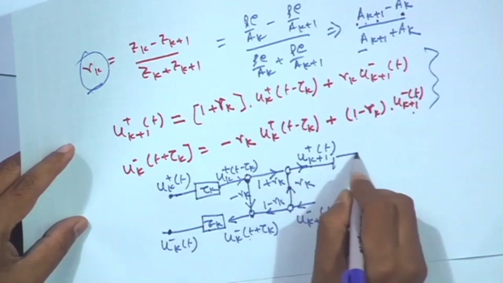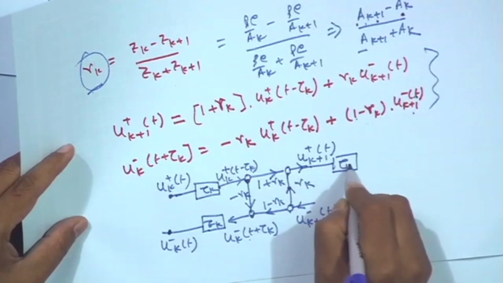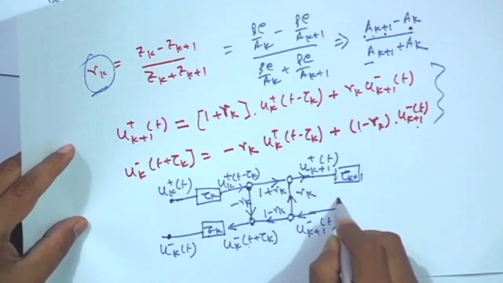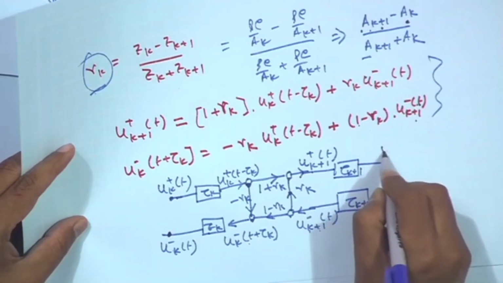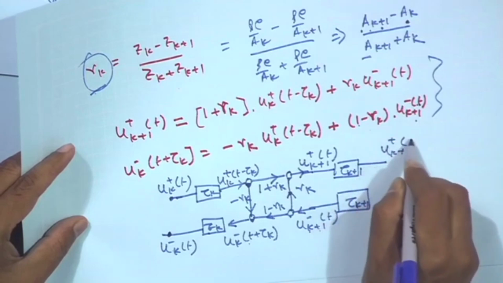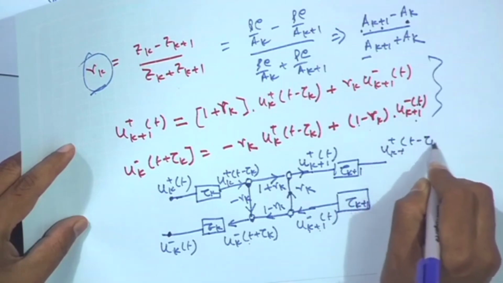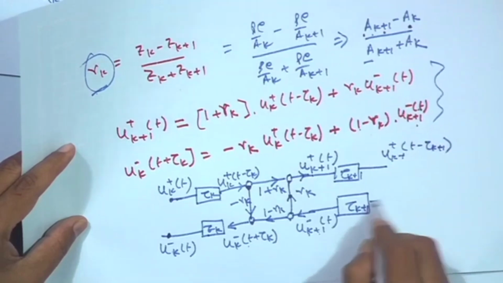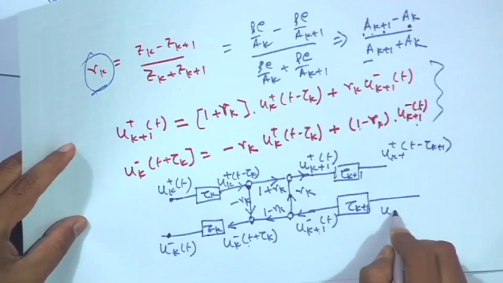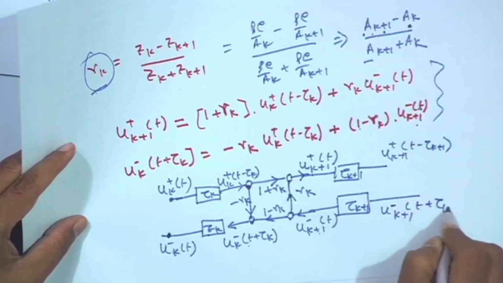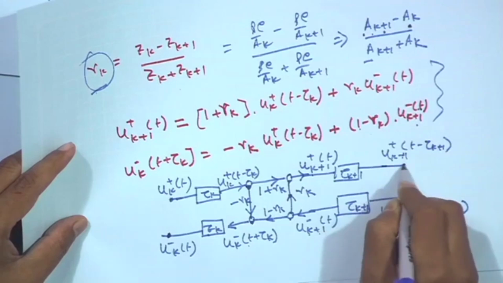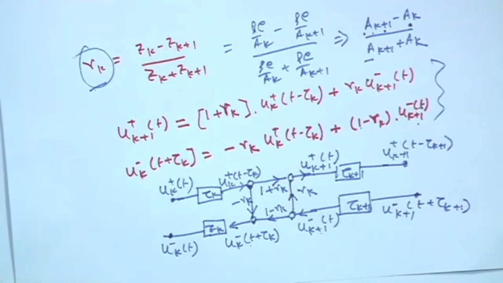Here is the delay of the k plus 1 tube, tau k plus 1, and here also the delay of the k plus 1 tube, tau k plus 1, and I can get u k plus 1 plus t minus tau k plus 1, and here I get u k plus 1 minus t plus tau k plus 1. So, this is the complete junction signal flow diagram.